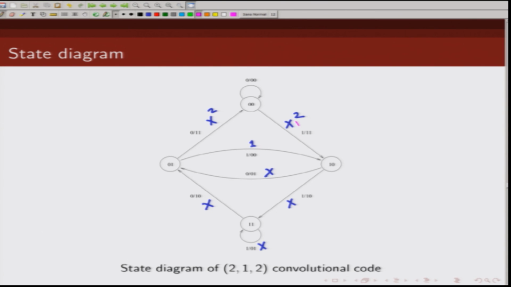So, this will be y. What is the weight of the information sequence? That is 1. So, it will be y. This is weight of information sequence 0. So, y^0 is 1. So, wherever you had 1 here, you are adding basically y. This is 1, and similarly at each of these transitions there will be a z added to denote the length.